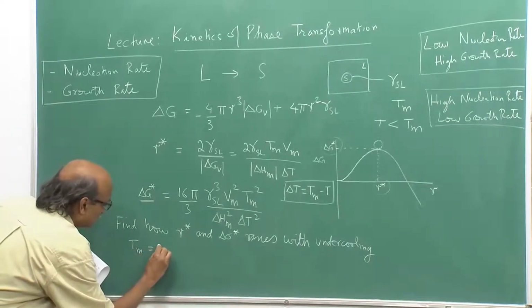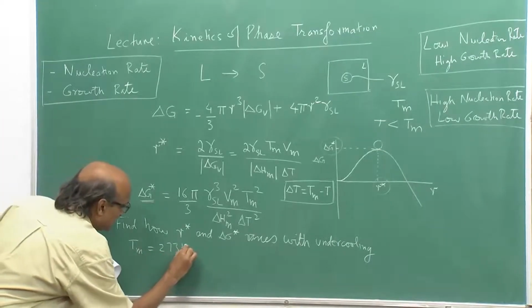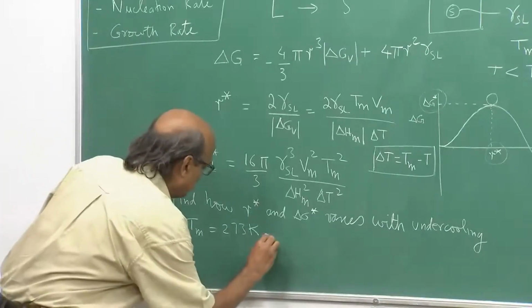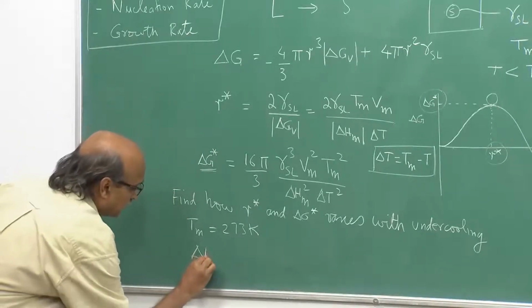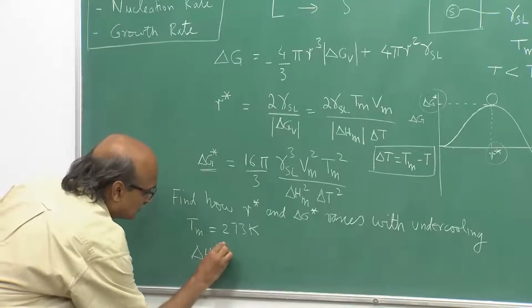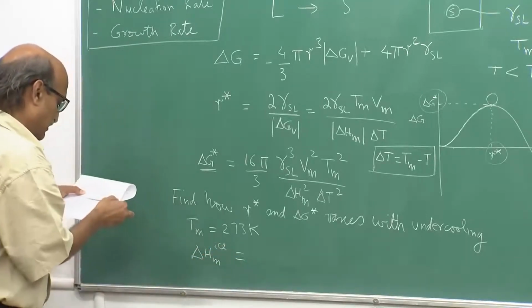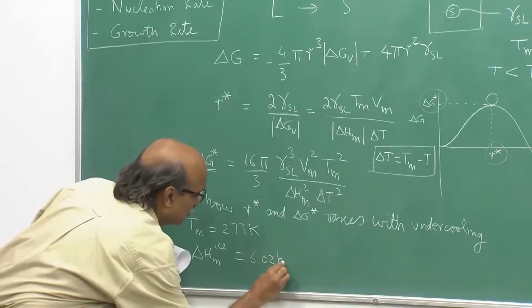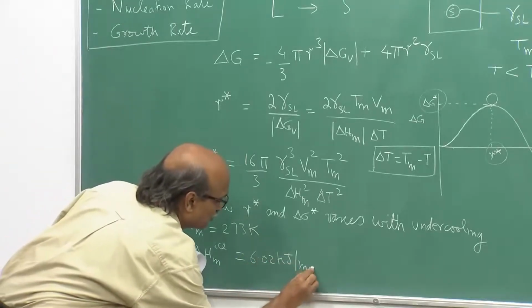Obviously, Tm is 273 degrees Kelvin for water, delta Hm of ice is 6.02 kilojoules per mole.